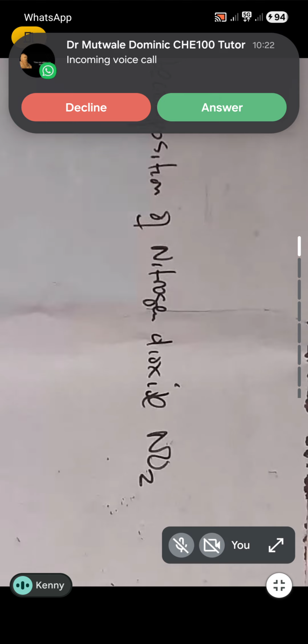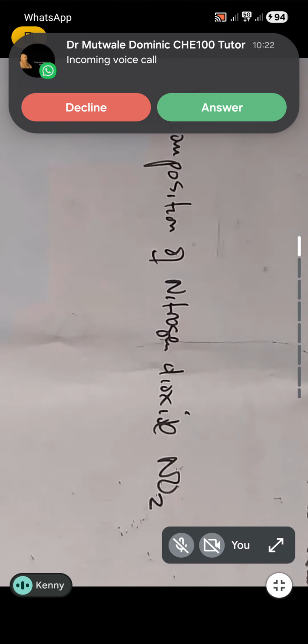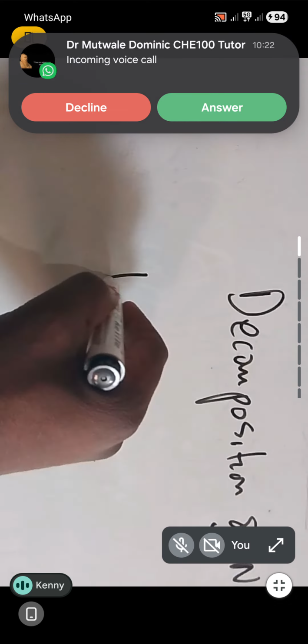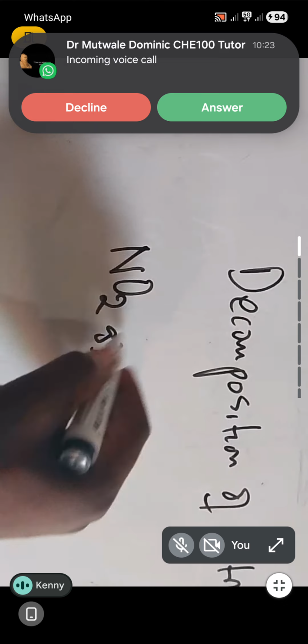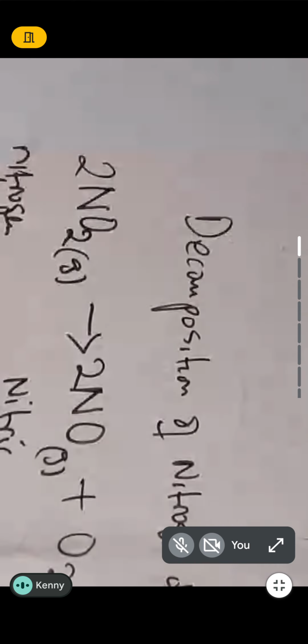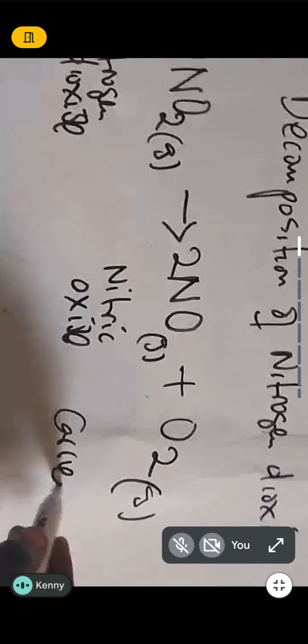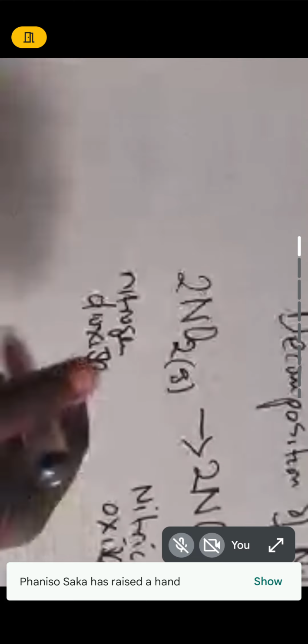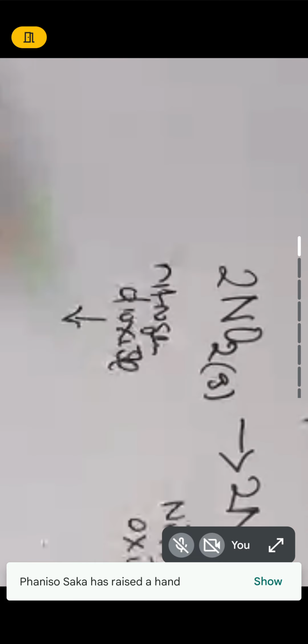Okay, so nitrogen dioxide will decompose. This reaction is carried out at 300 degrees Celsius.